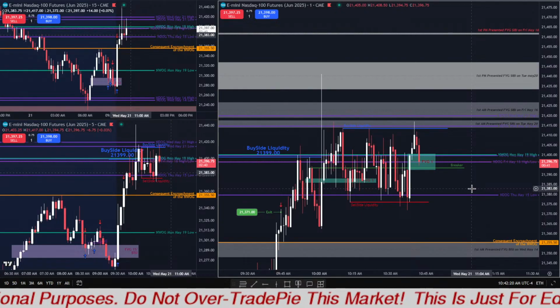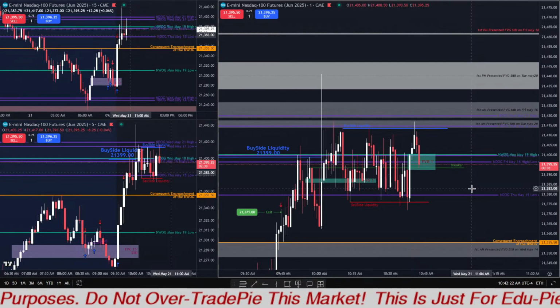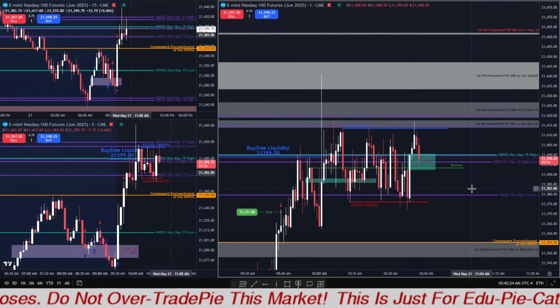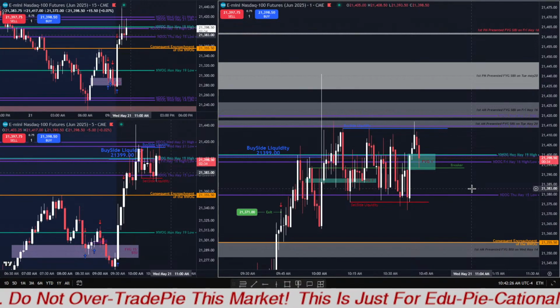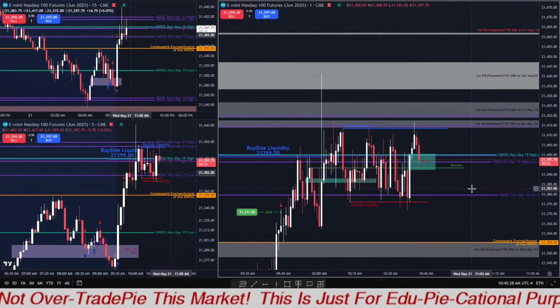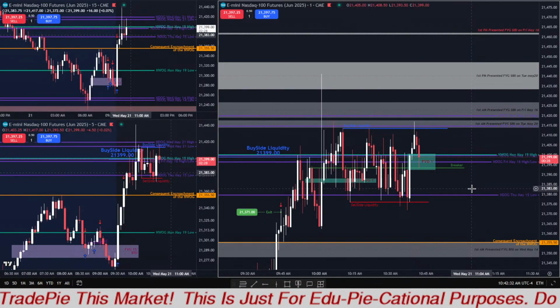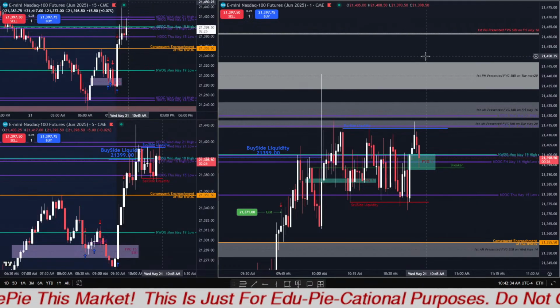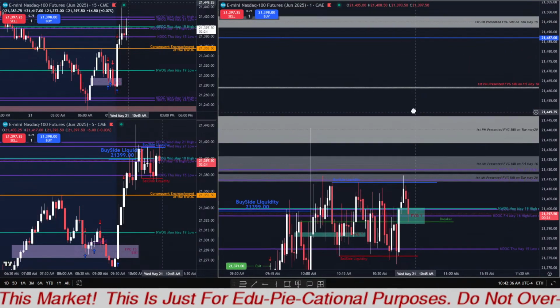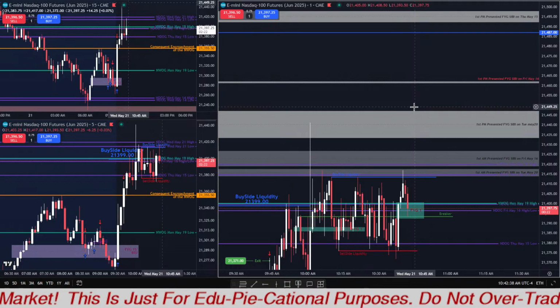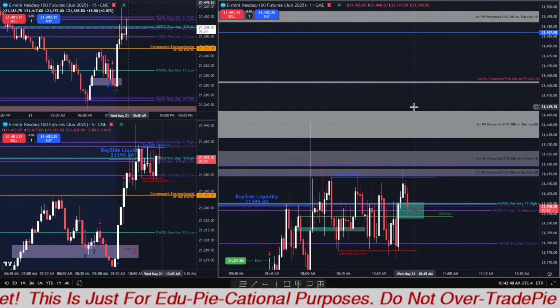Okay, we got into the inefficiency over here, and now I'm expecting to see they send the price higher towards the buy side liquidity at 21,487.